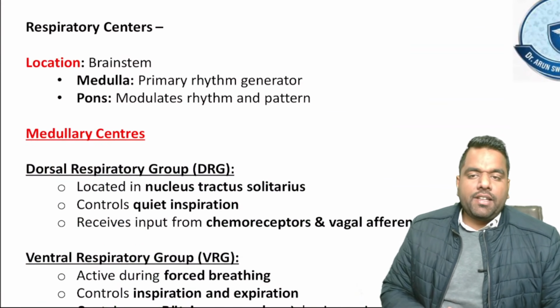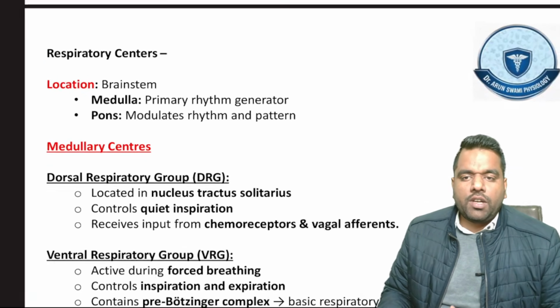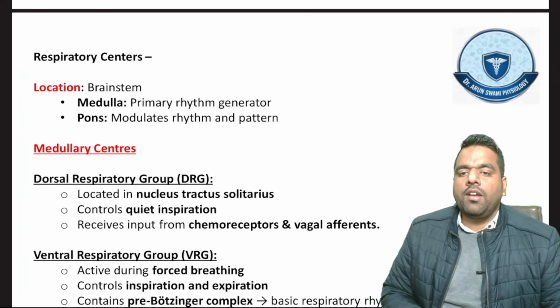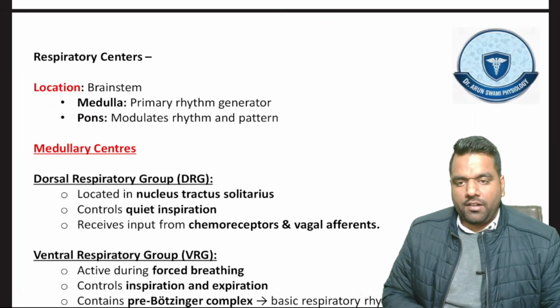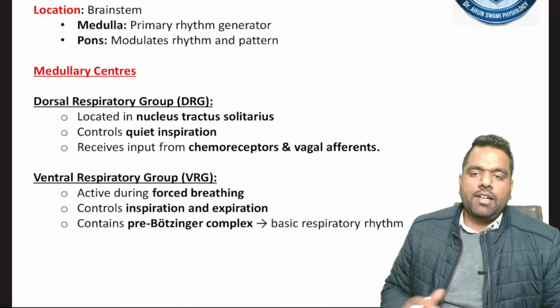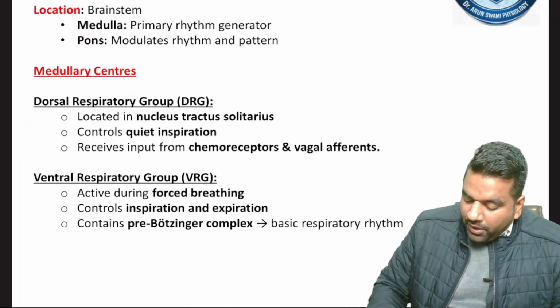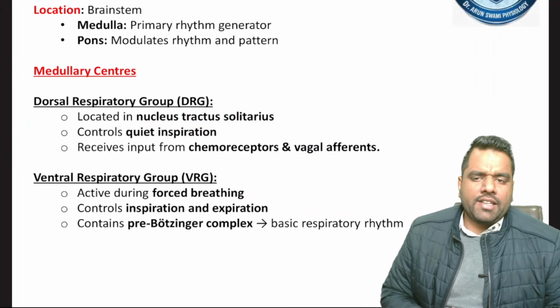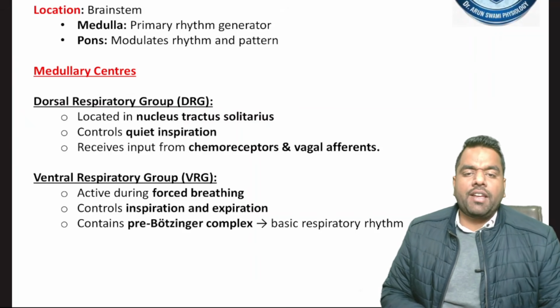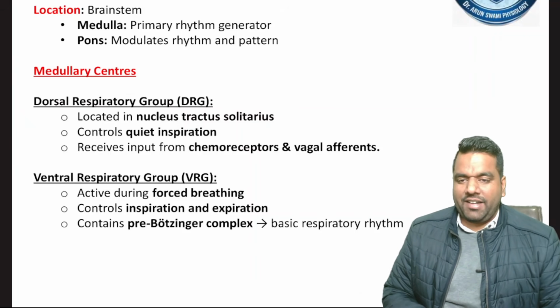So in the respiratory center, as we just discussed, the locations are in the brainstem: the medulla contains the primary rhythm generator, and the pons modulates the rhythm and the pattern. The medullary centers: the DRG, located in the nucleus tractus solitarius, is required for quiet inspiration and receives input from the chemoreceptors and vagal afferents.